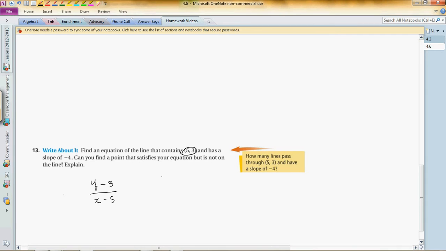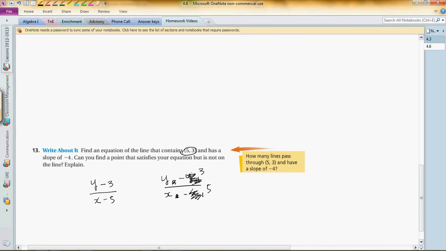This equation comes from y sub 2 minus y sub 1 over x sub 2 minus x sub 1. And we just used 5, 3 as the first point, so we just replace this y sub 1 with 3, and this x sub 1 with 5. And once we get there, we don't have any y sub 1 or anything, so we just erase those.